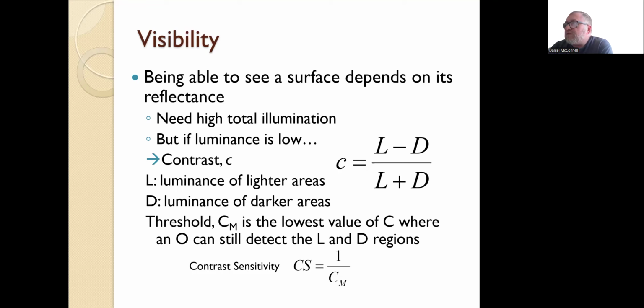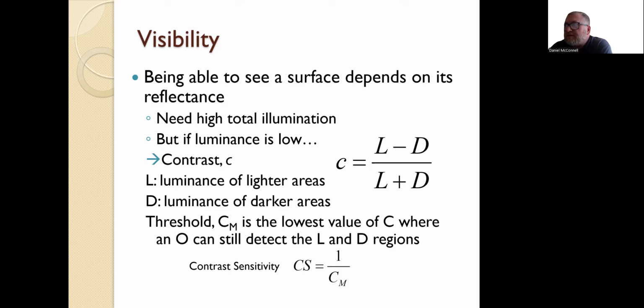So how do we measure contrast here? Well, that is defined as luminance differences, right? So the luminance, again, is how much light the area or surface will reflect. And so we're going to use L here in our fraction as the measure of luminance of the lighter, brighter areas, like the white background of the screen here.